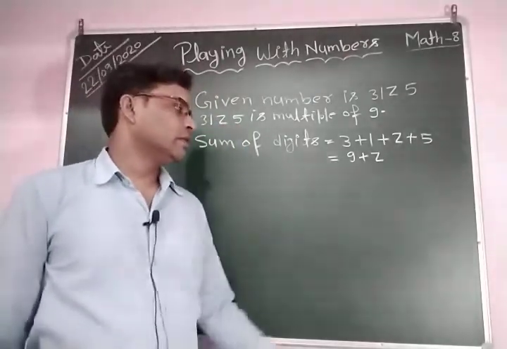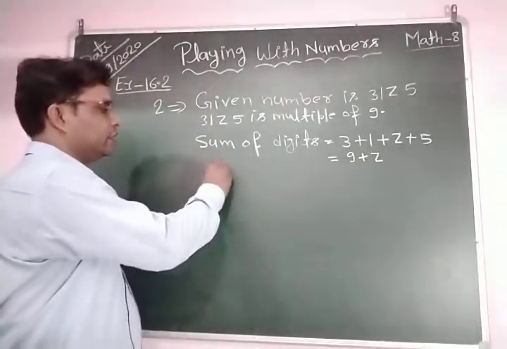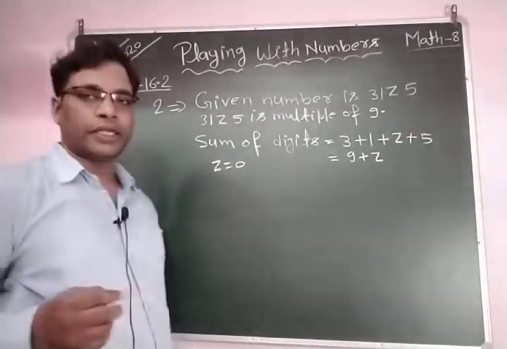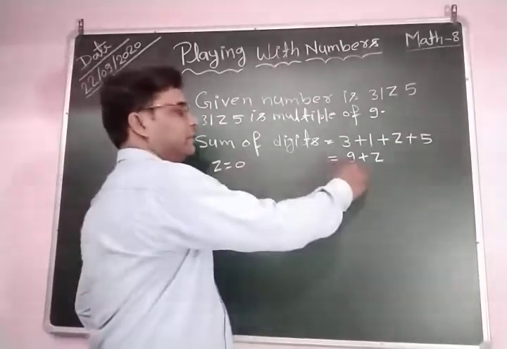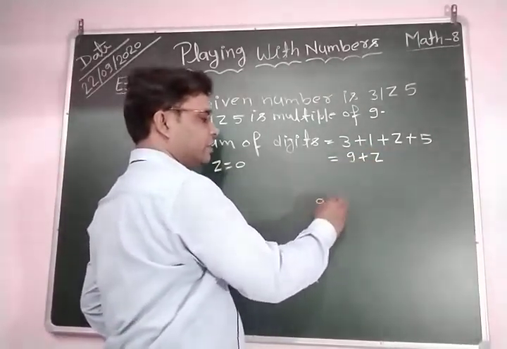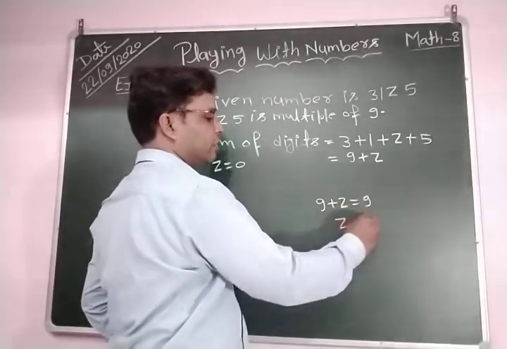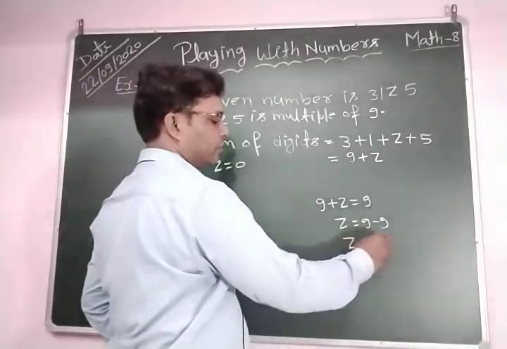For this, first we take 0. If we take z is equal to 0 by trial and error method, then 9 plus z is equal to 9, or z is equal to 9 minus 9, which is 0.